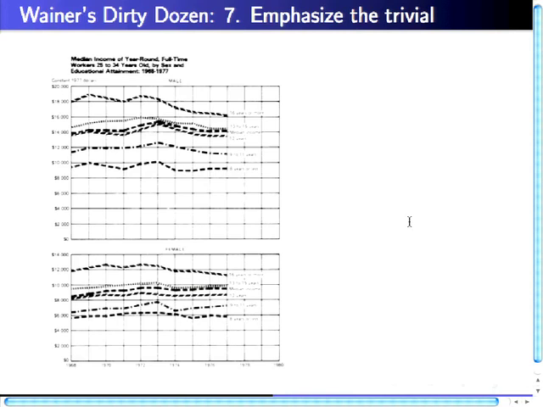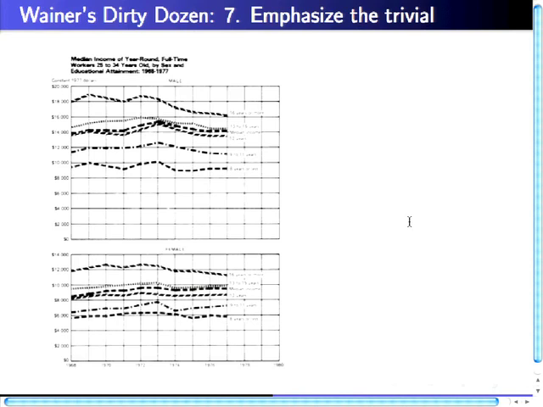Now, what do you think Wainer means by saying emphasize the trivial for this particular plot? Why do you think he's saying this particular plot is emphasizing the trivial?